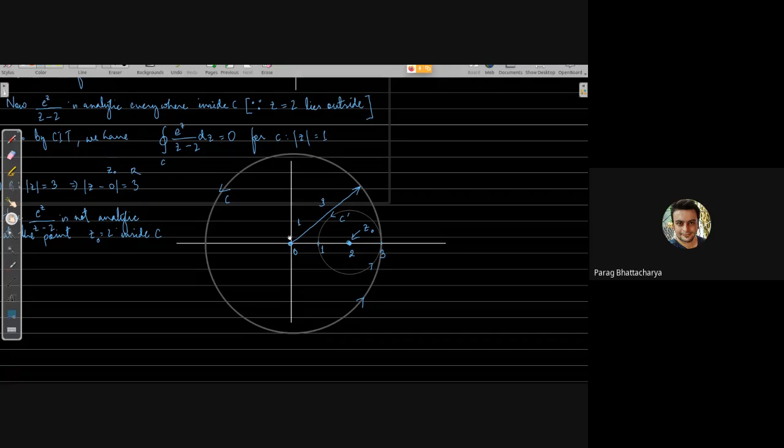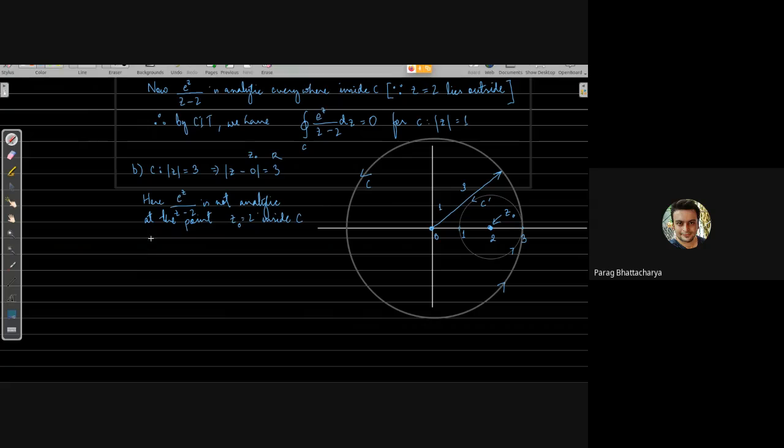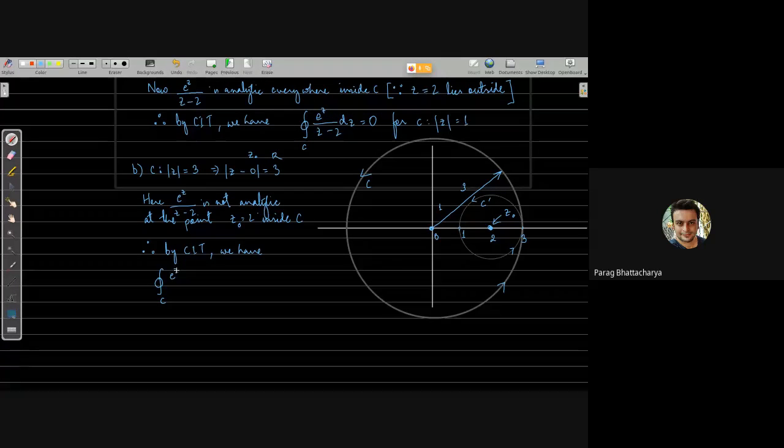So by Cauchy integral theorem, we have over this path C, e to the power z by z minus 2 dz.